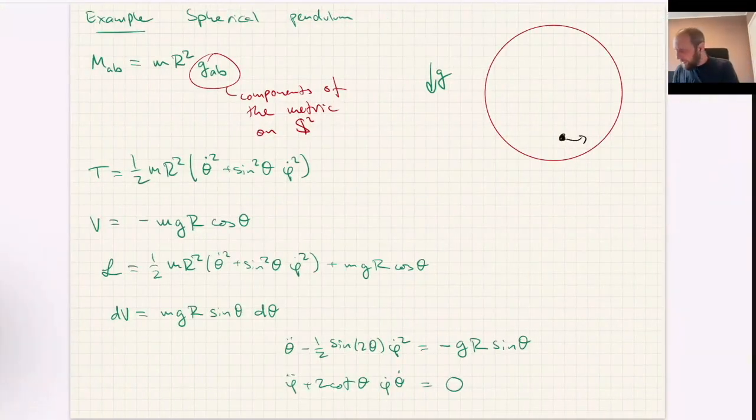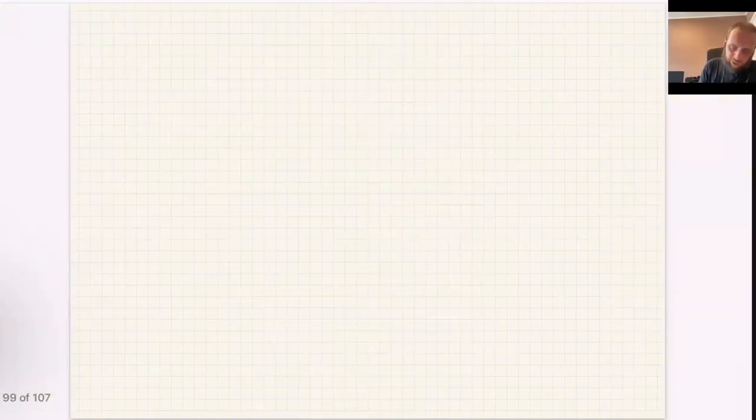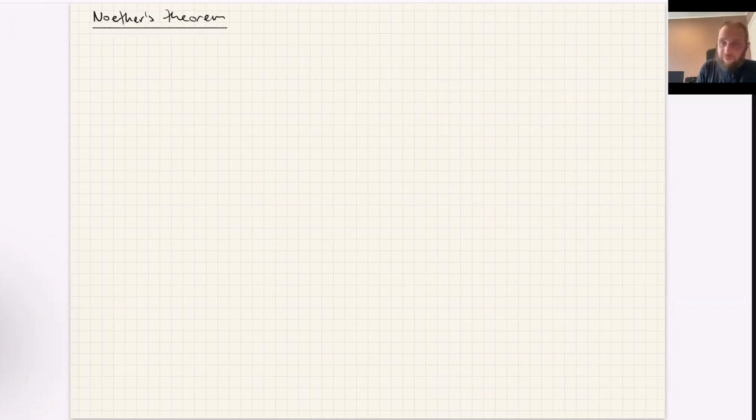Okay, we have 7 minutes left before the break. I want to finish our discussion on Lagrangian mechanics with a short discussion on Noether's theorem, and how it appears in this formalism.